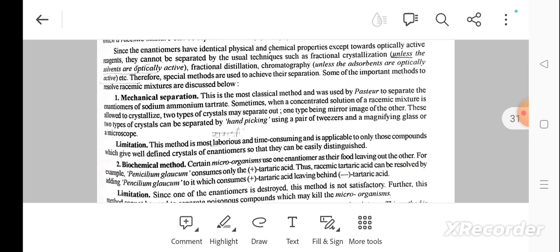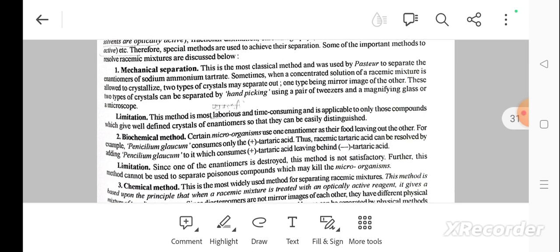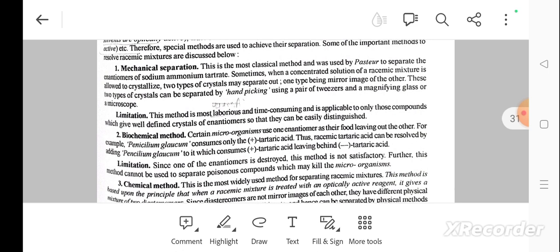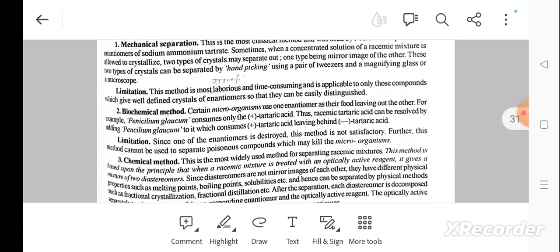These two types of crystals can be separated by hand picking using a pair of tweezers, a magnifying glass or a microscope. Limitation: this method is very laborious and time consuming, and is applicable only to those compounds which give well-defined crystals of an enantiomer, so that they can be easily distinguished.